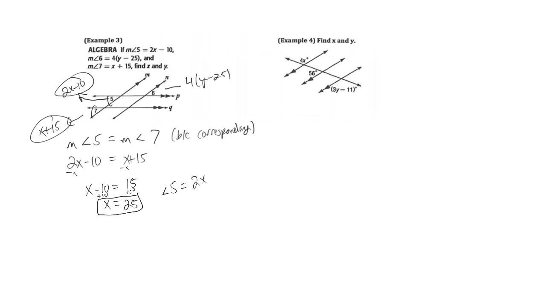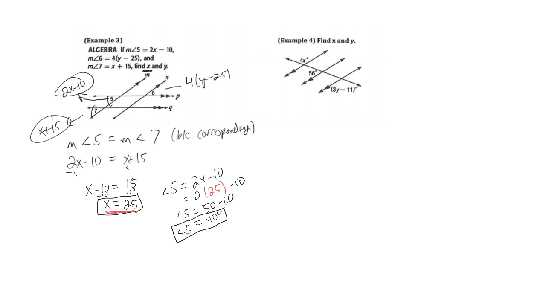We said angle 5 is equal to 2x minus 10, so I'm going to plug in 25 for x, because we got x is equal to 25 here, and then solve for angle 5. So angle 5 equals 50 minus 10, which is 40 degrees.